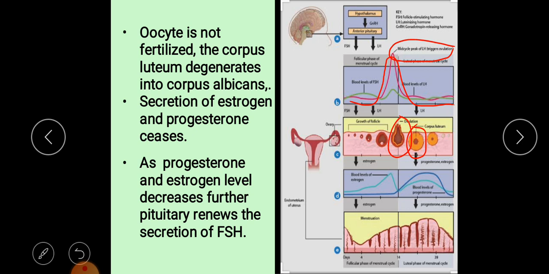At the same time, the estrogen and progesterone levels go on increasing. If you see, the progesterone and the estrogen level slightly increase in this stage.